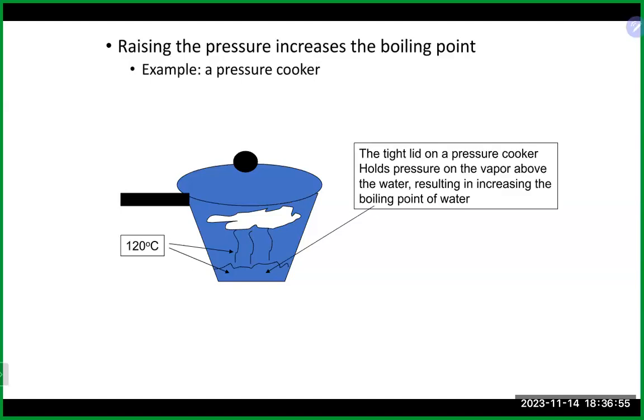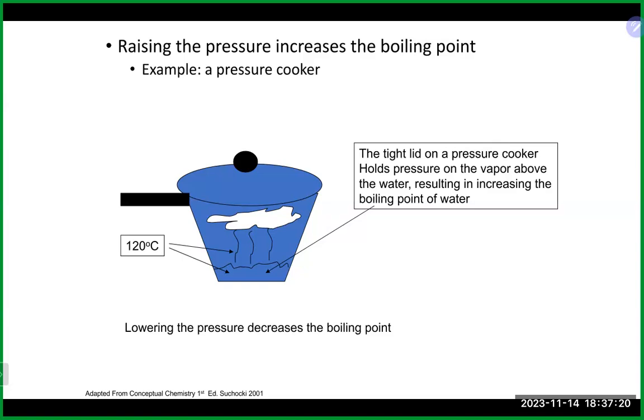Now, we can raise the pressure. We'll increase the boiling point, like in a pressure cooker. In this case, we have a really tight lid on the pressure cooker that holds the pressure on the vapor above the water, and that results in an increase in the boiling point. So perhaps it will boil at 120 degrees versus 100 degrees, which is the normal boiling point of water.